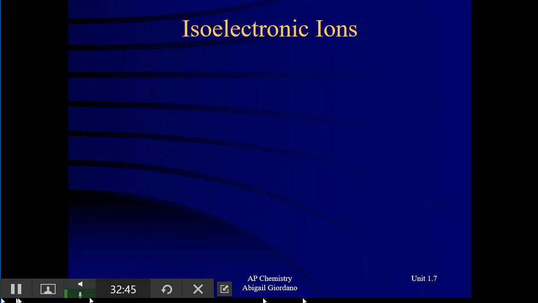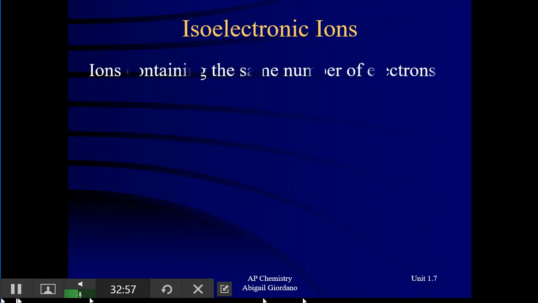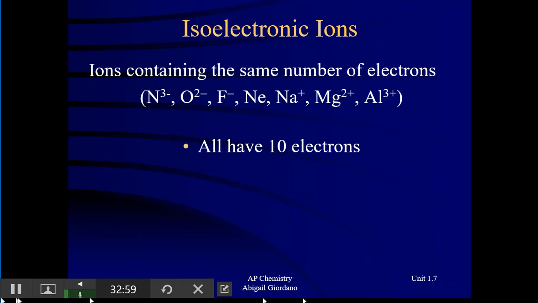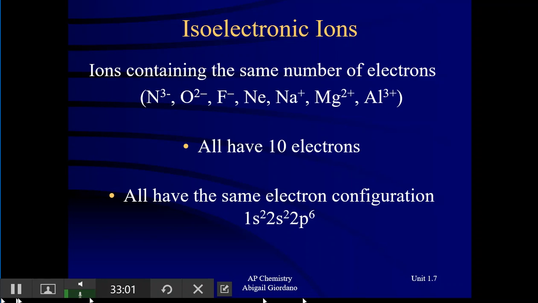Now, this is a vocabulary word I want you to know. The prefix iso means same. Isoelectronic, same number of electrons. All 7 of those particles up there have the same electron configuration, 1s2, 2s2, 2p6.